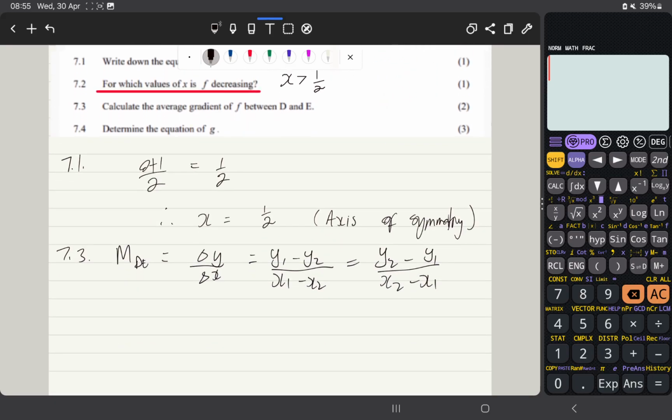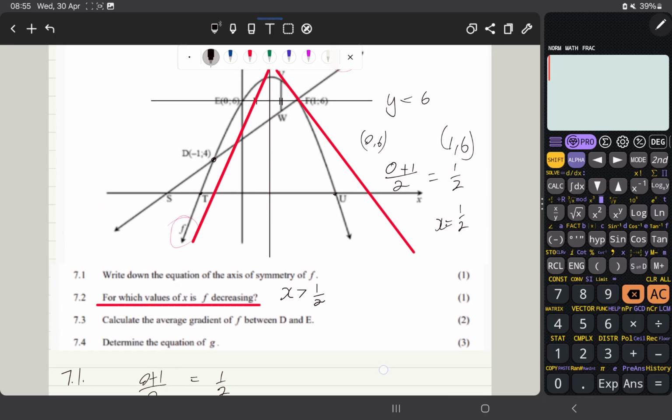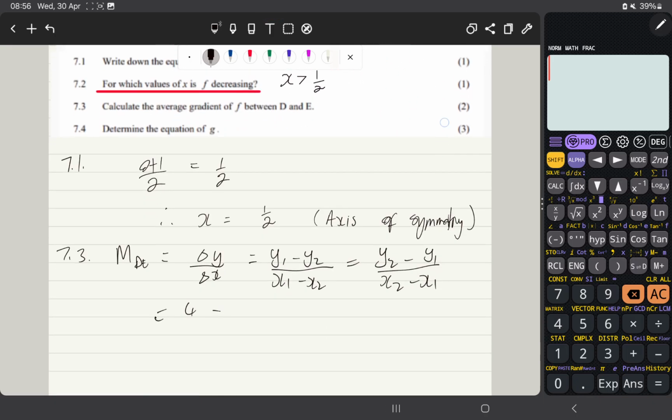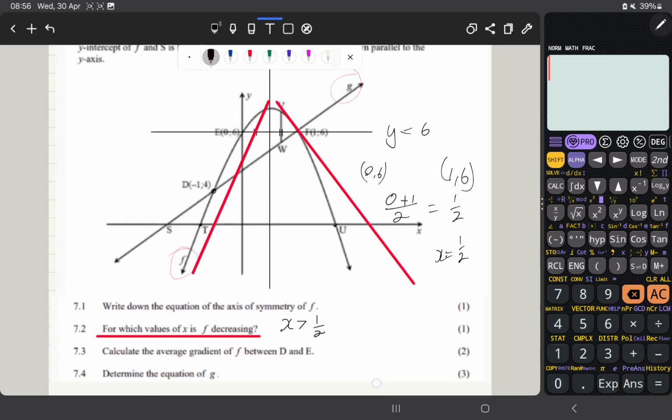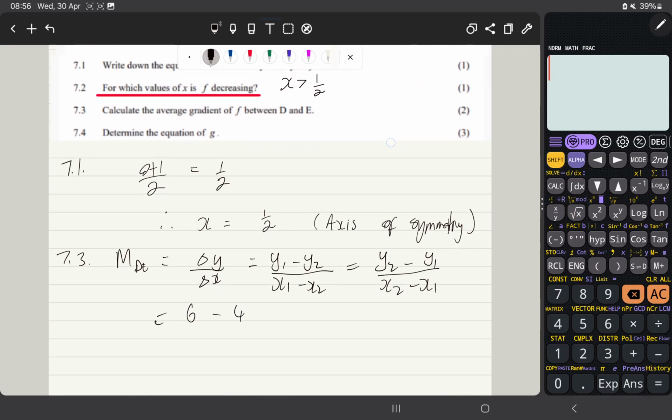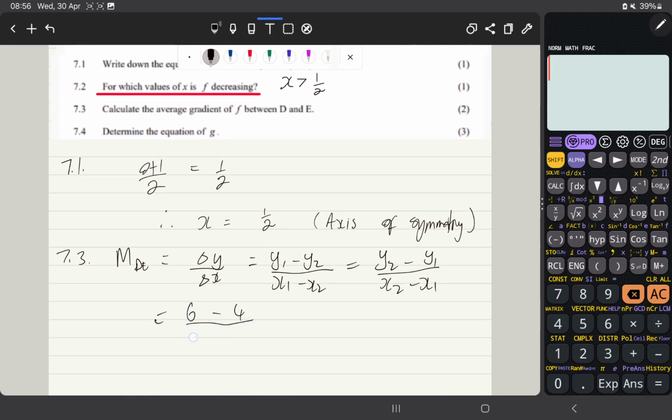So mine is going to be 4 minus 6. Actually, let me just make it 6 minus 4. So I'm going to say 6 minus 4, all over 0 minus 1.